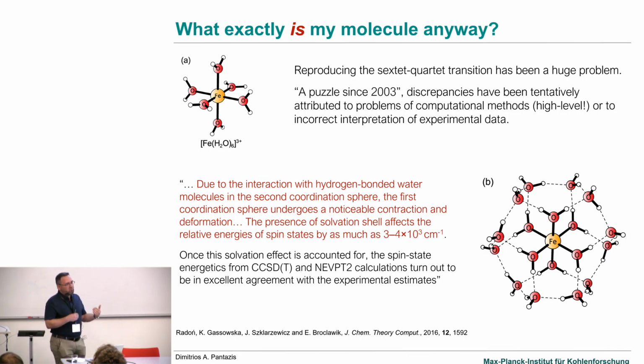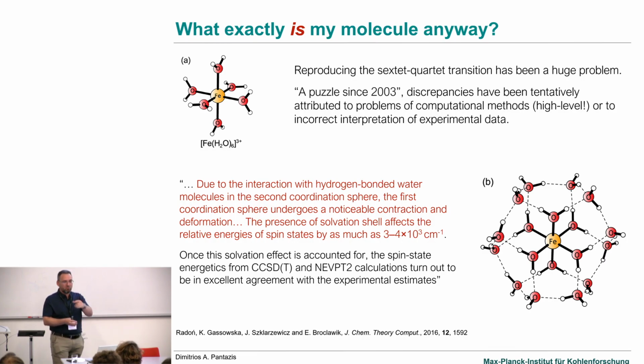There were papers debating the accuracy of different ab initio methods, and maybe the experiment is wrong, or maybe the interpretation is problematic, or maybe there is something very weird about the electronic structure. And then what the people in this paper showed is that if you take a second sphere of waters, then the first sphere changes sufficiently so that the answer is correct.